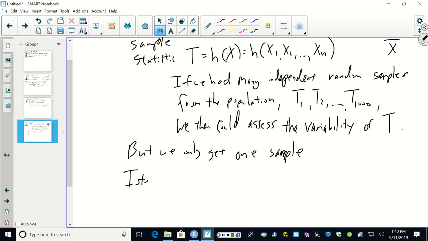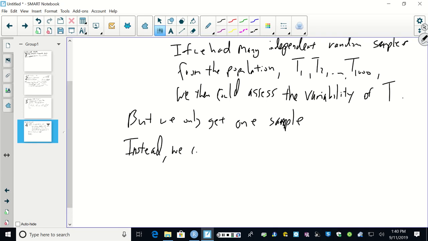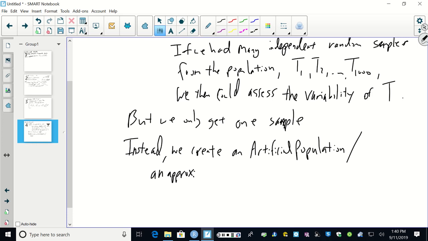So instead of having independent random samples, we want to create, you might think of it as an artificial population, or you might think about it as an approximation to the population. Right. And sample from that. Sample repeatedly from that.